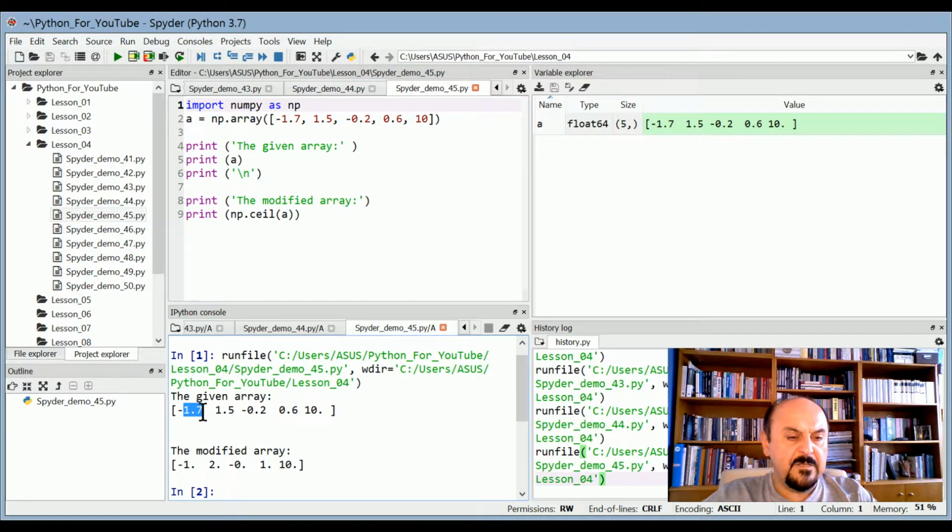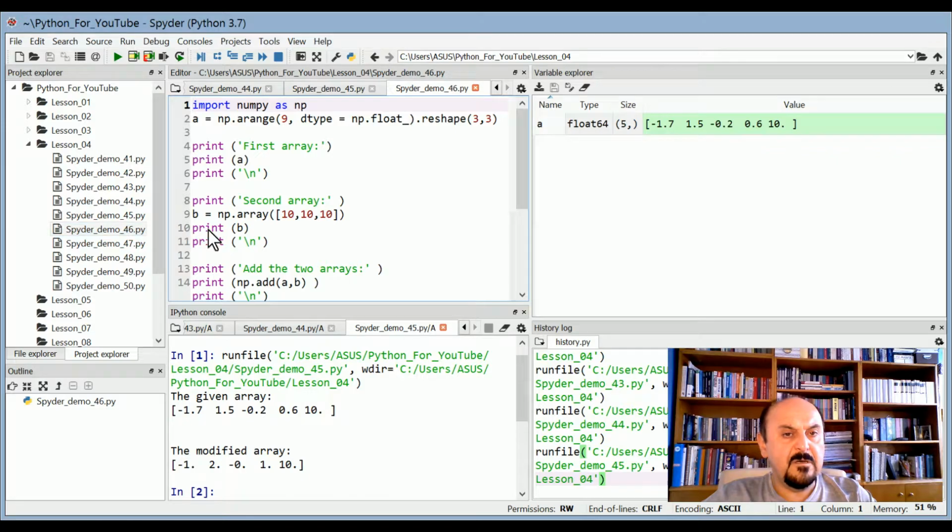For negative numbers, it must be increased, moved to the right. That means -1. So 1.5 becomes 2, and this one also approaches 0, and this one also approaches 1. This also, 10 becomes the same. And how about the next example?